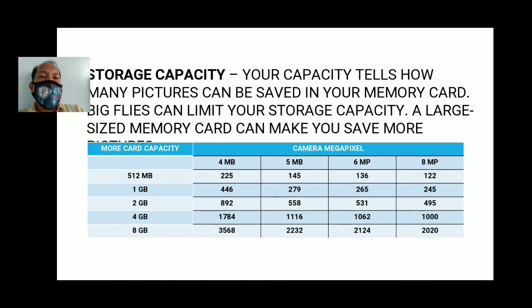According to the chart, we have the memory card capacity from 512 MB up to 8 gig. Then the camera megapixels from 8 gig up. That's the size of the memory card, the storage capacity.